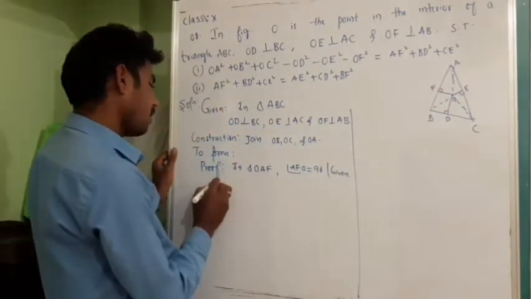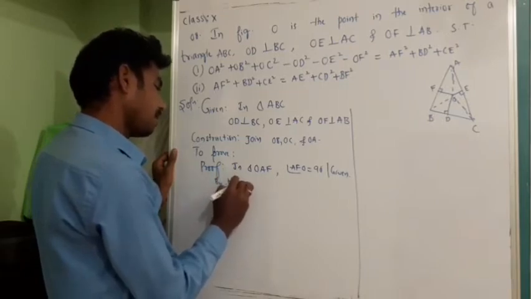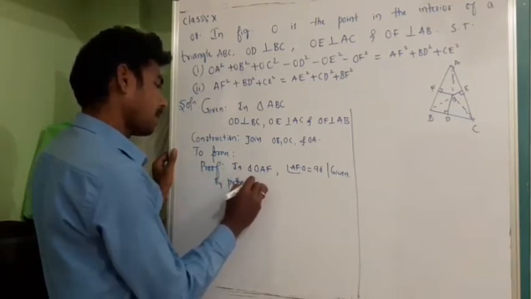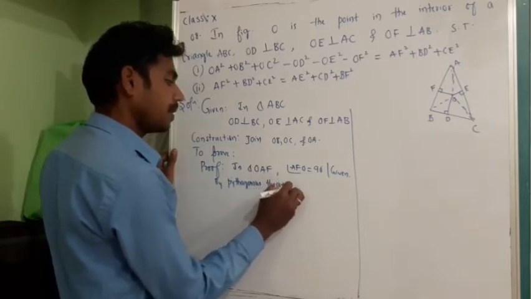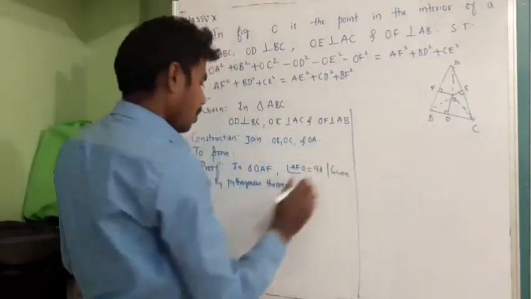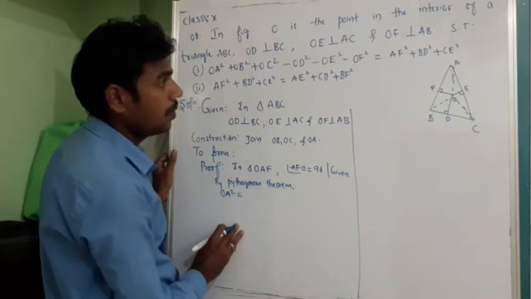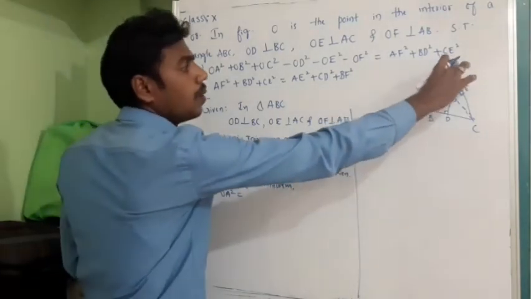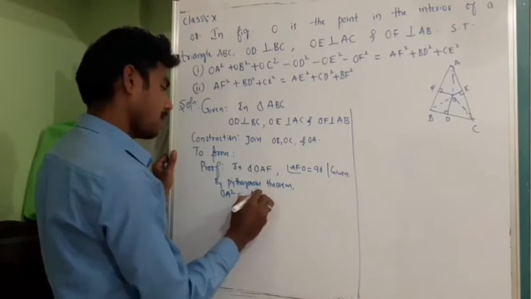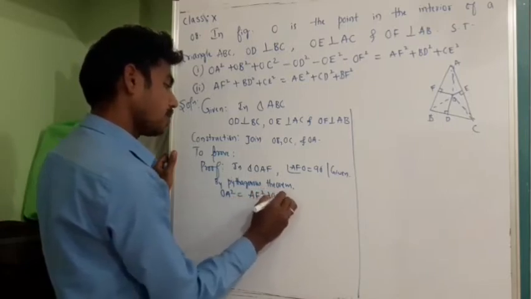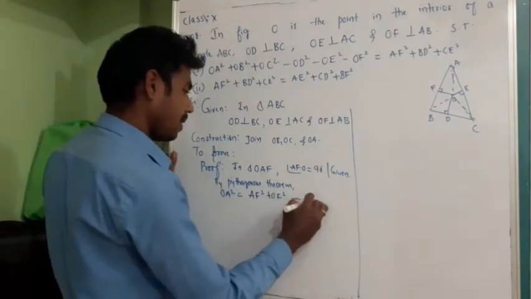So by Pythagoras theorem, we can write OA square is equal to AF square plus OF square. We'll call it equation number 1.